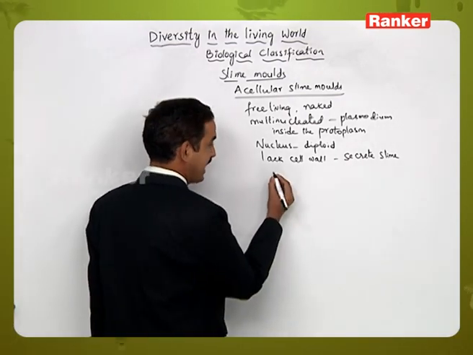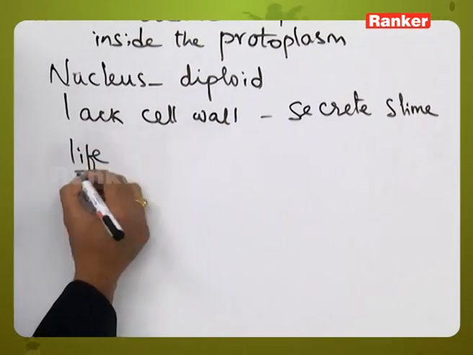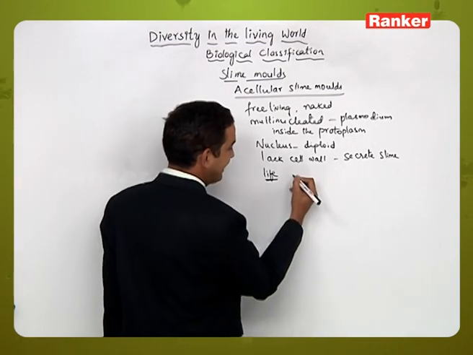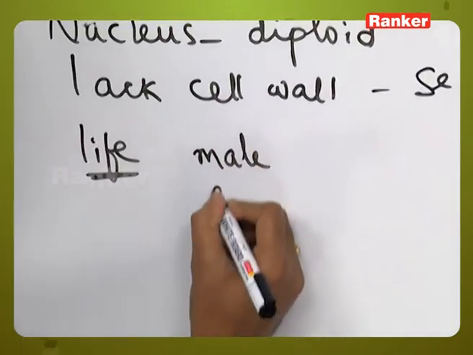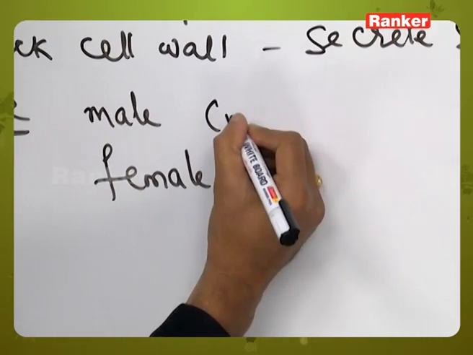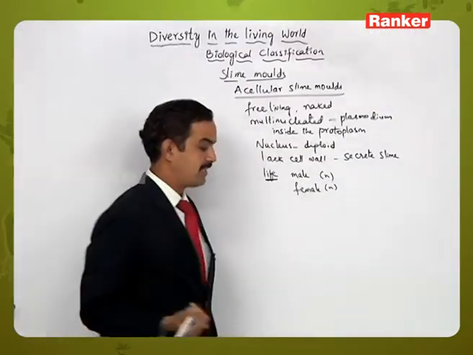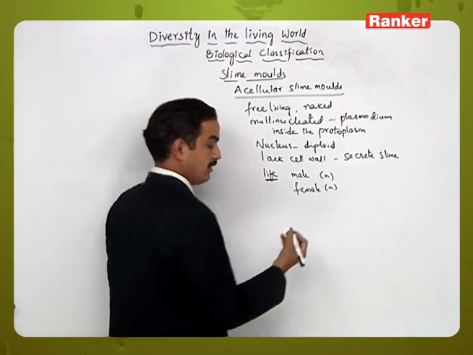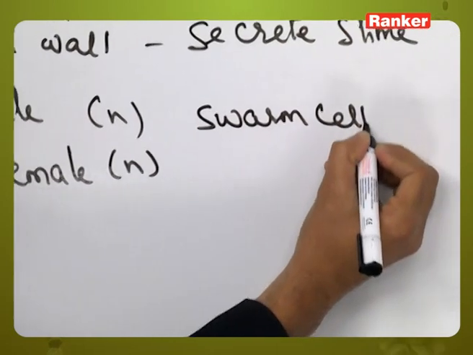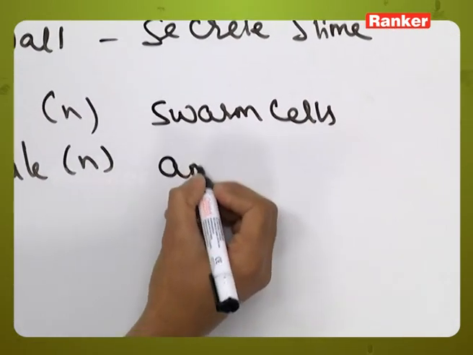But at the same time, in the process of the life cycle, they produce gamete-like structures. Some of them are considered to be male and some female structures, which are haploid in nature. These are called swarm cells, and these are called amoeboid cells.